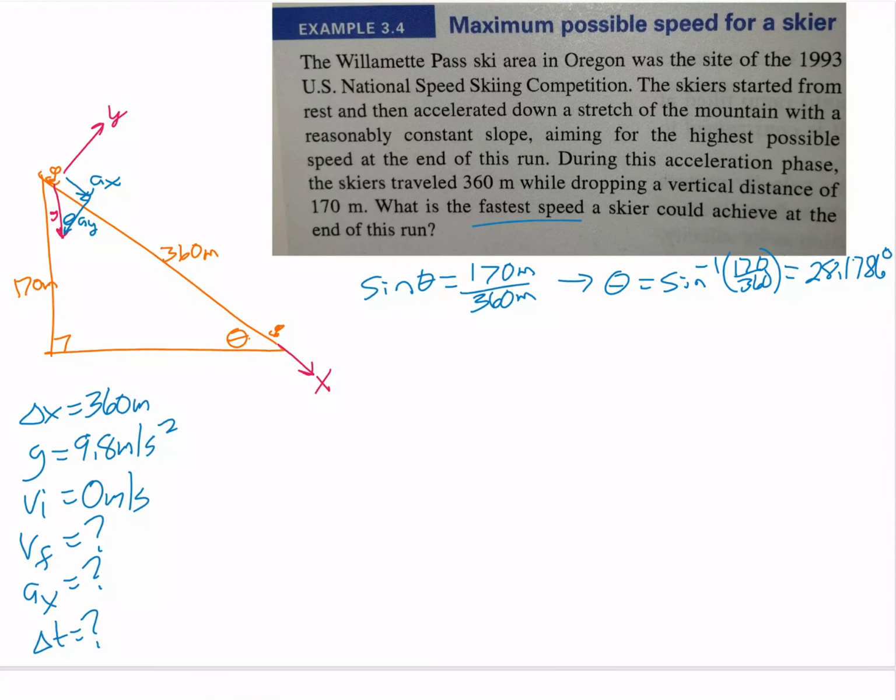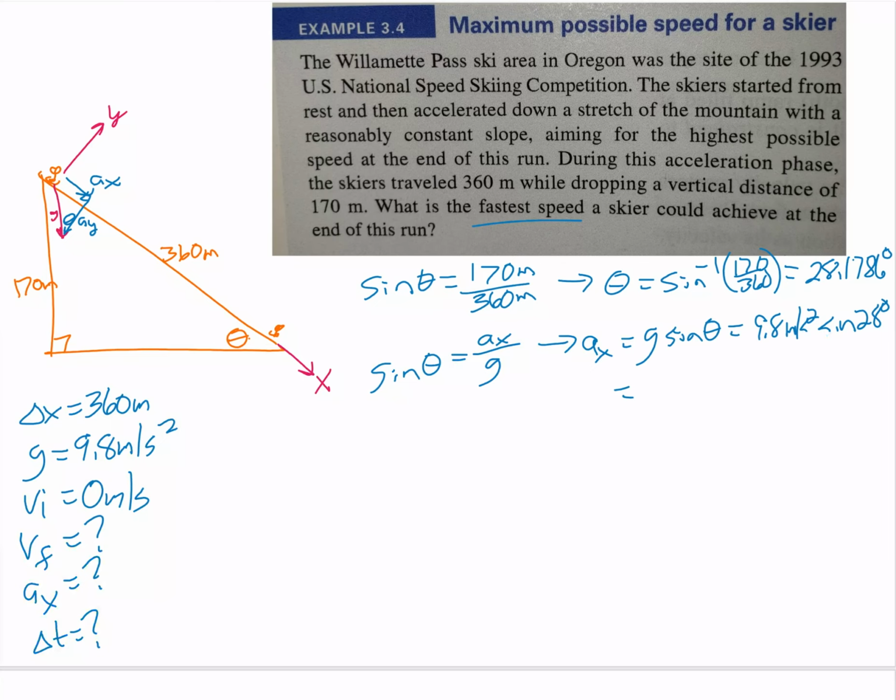Sine theta equals a sub x over g. So a sub x equals g sine theta. That would be 9.8 meters per second squared times sine of the 28 point blah blah blah that we just calculated. What do you get?